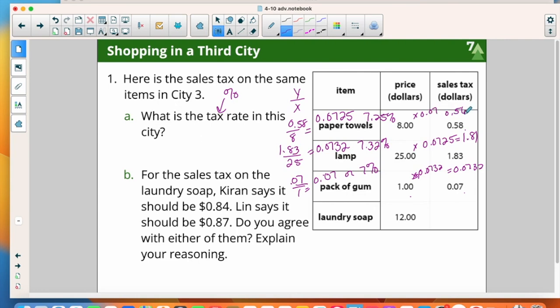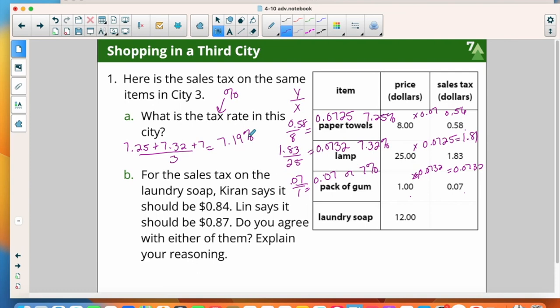I didn't round it. So I know it has to be more than 7%. So we could find our average of those. We could add our 3 percentages together and then divide by 3, and we get 7.19%.